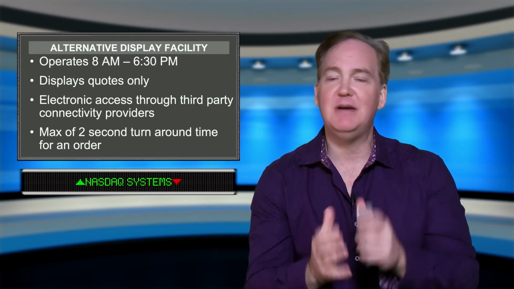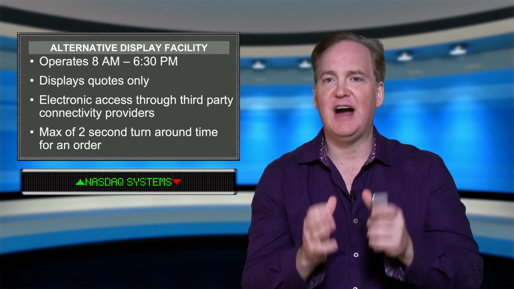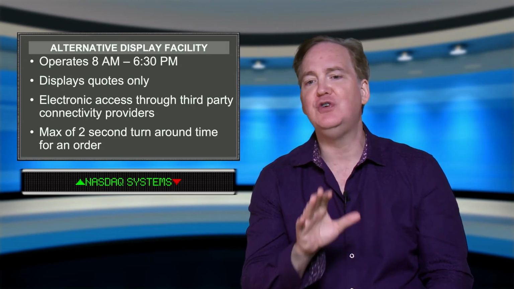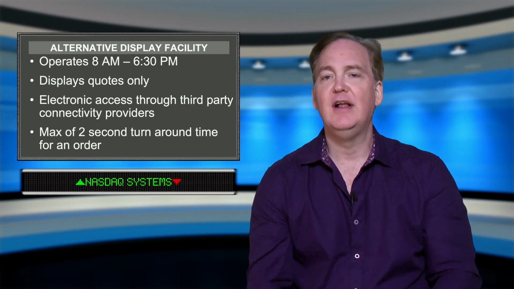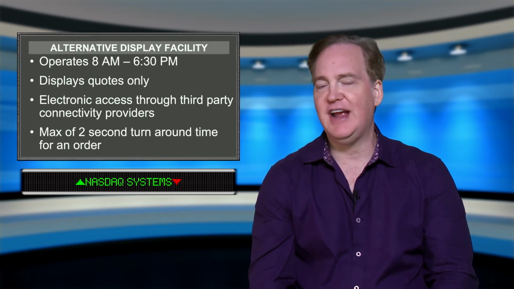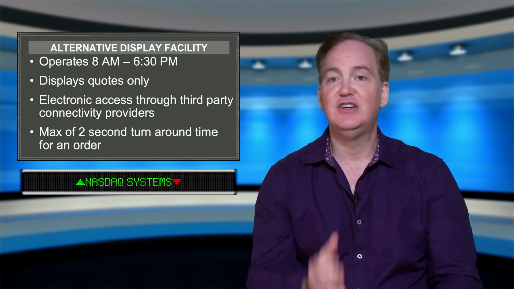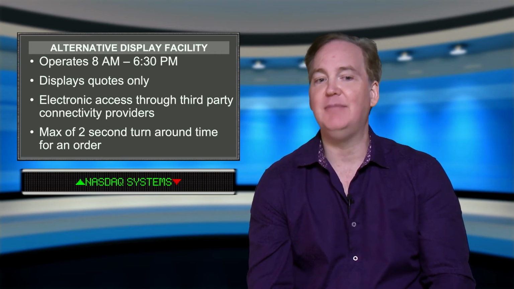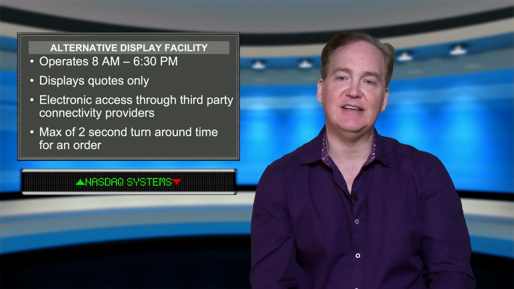There are some minimum requirements here, and the connectivity provider must ensure that there is no more than 2 seconds turnaround time to execute an order. So when a broker-dealer displays quotes through the ADF, they must provide that electronic access to those quotes, and it may have a turnaround time of no greater than 2 seconds.